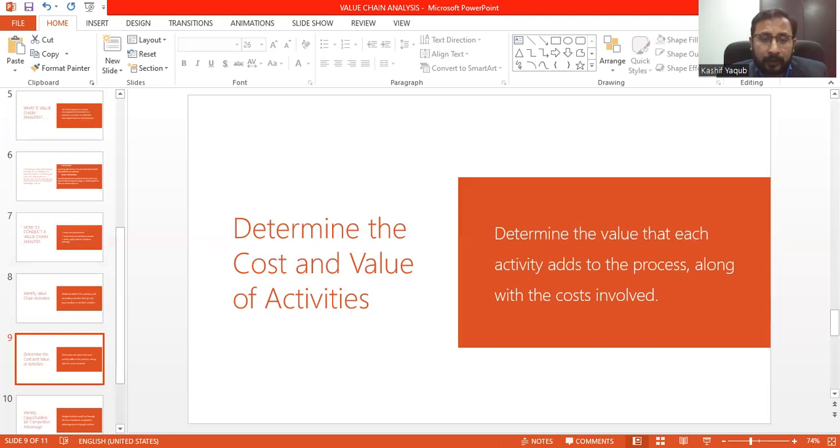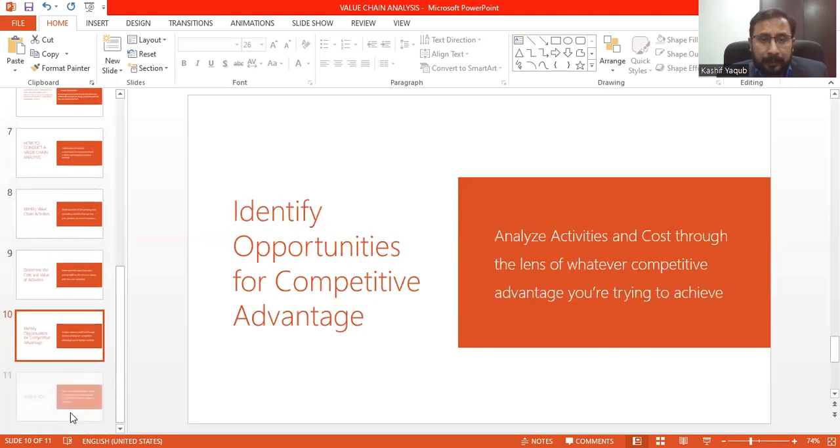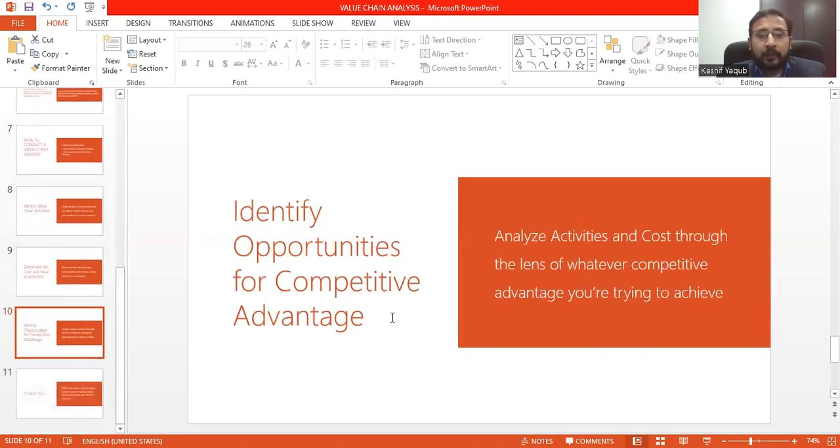So let's move to the next step. Identify opportunities for the competitive advantage. So analyze activities and costs through the lens of whatever competitive advantage you are trying to achieve.